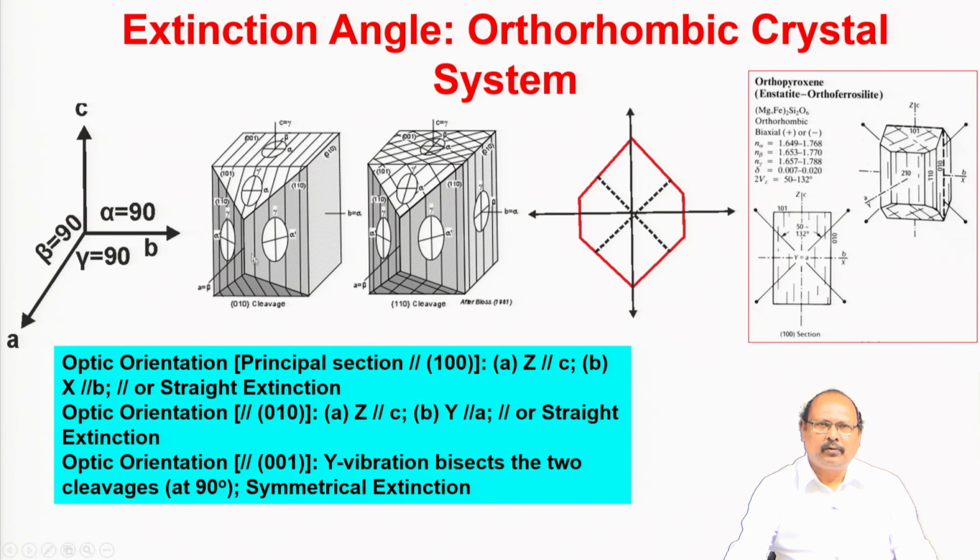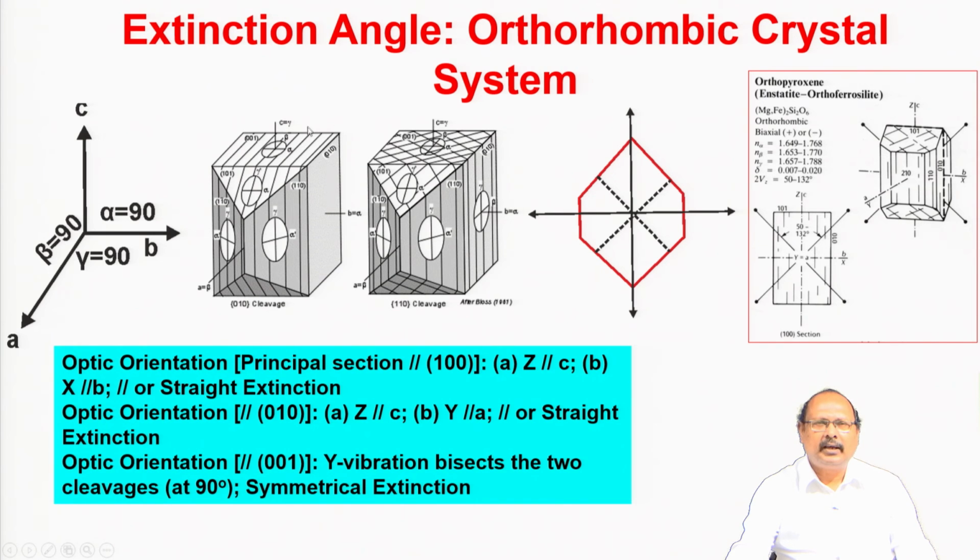So, in this case, the crystallographic axis C coincides with the Z vibration direction. So, in this plane you have 0 extinction angle, and you can also have a similar situation in the 001 plane. In this case also you have the trace of cleavage.